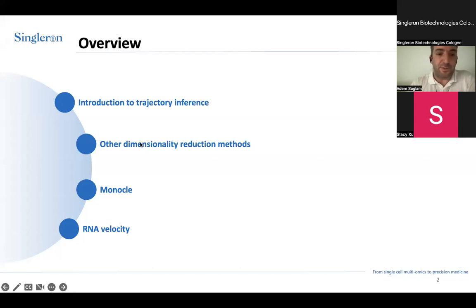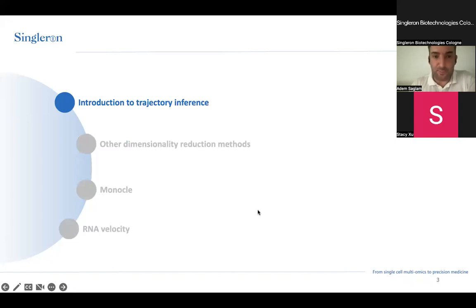I'm also going to mention some other dimensionality reduction methods, because some other methods than discussed in the past webinars are used in the trajectory inference tools that I'm going to present also today. Then I'm going to talk particularly about Monocle and RNA velocity as the trajectory inference or trajectory analysis tools.